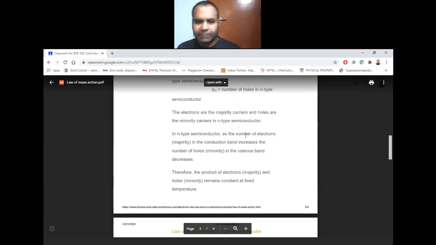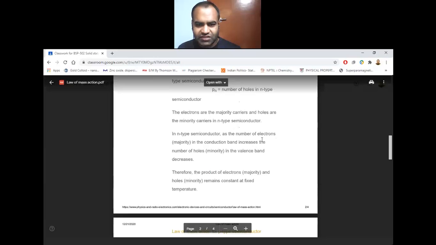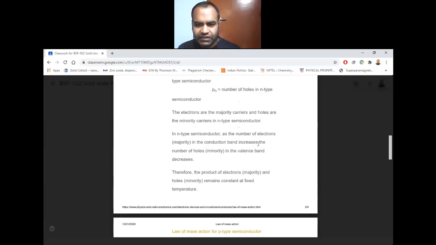Okay, so here what is written: the number of electrons in the conduction band increases, and the number of holes or minority carriers in the valence band decreases. There should have been a comma actually, the comma is not given here.